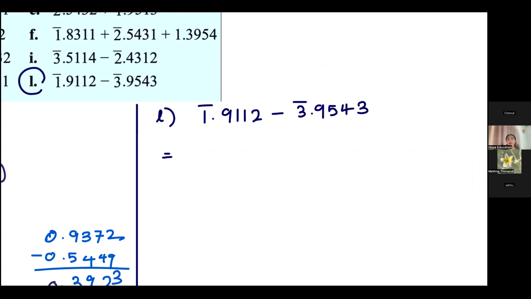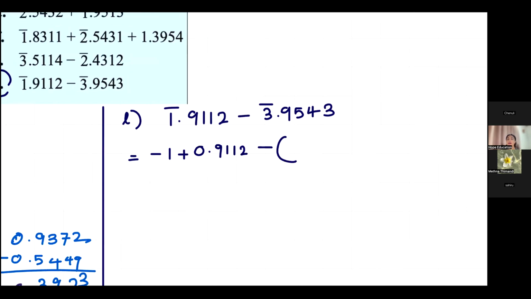Bar 1.9112, I write minus 1 plus 0.9112. In this one also, I separate the characteristic and mantissa. Bar 3 means minus 3 plus 0.9543.